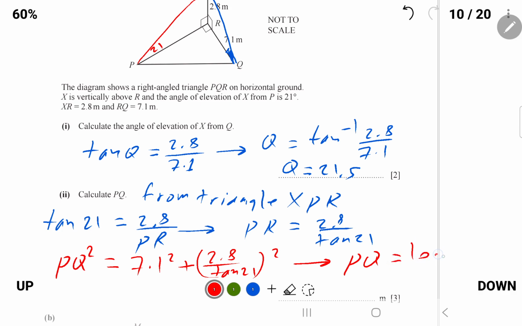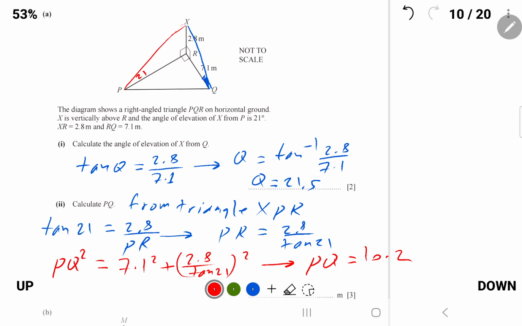So the answer is 10.2. So like this we found PQ by using Pythagoras theorem.